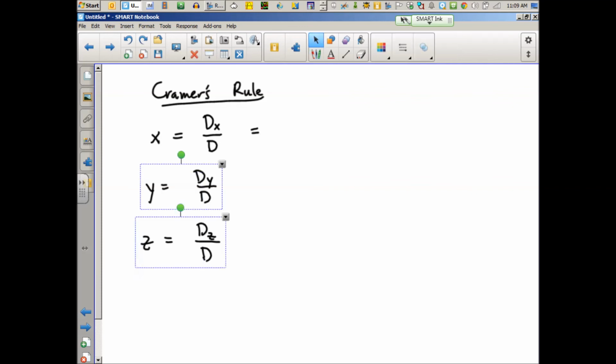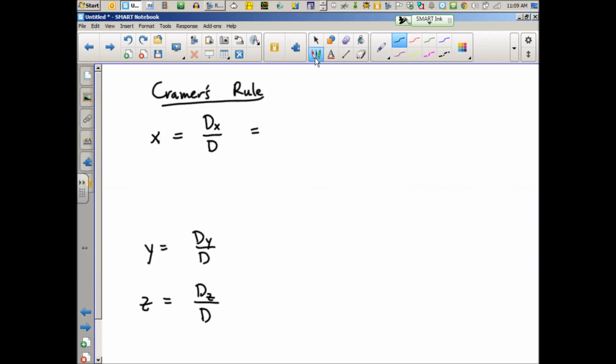And you remember what these mean, right? So they're just determinants is what they are. D is just the original problem's coefficients. So it's just this stuff. That's D. It's just the original coefficient matrix.